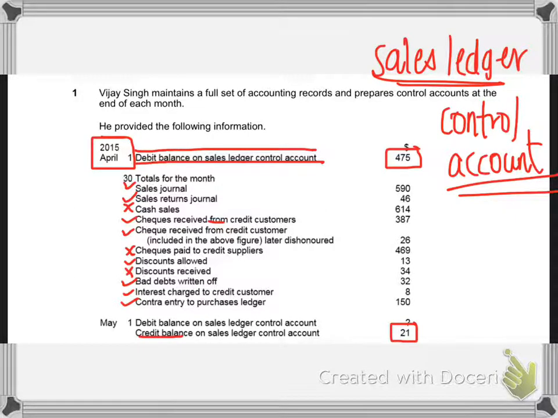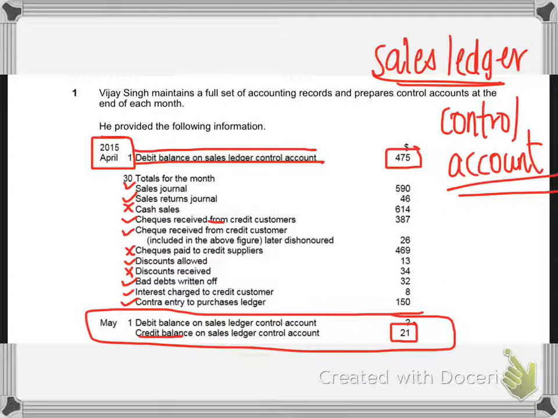See here, when the additional information is given, this means that they are giving the information for the balance brought down after the total. So what we need to do is put the 21 amount on the credit side after the totaling part of the account, and then record it as balance brought down on the credit side, 21.